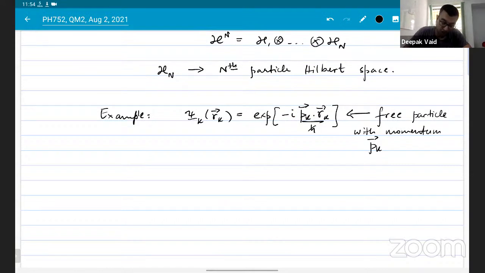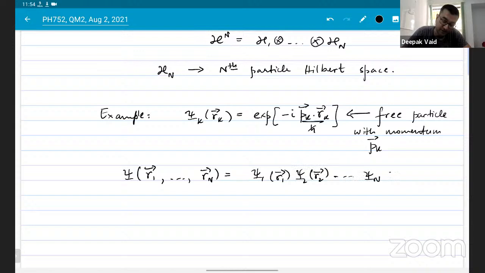All right. So now, how do I write down the state for all n of these particles? What is this R1 to Rn? Well, this will just become the product of all of these, like this, right? And putting this expression in for each one of them, what will I get?